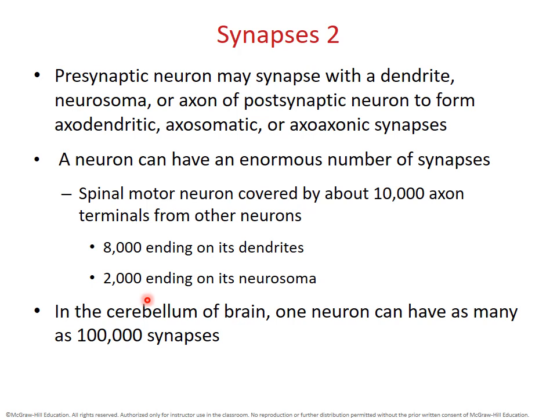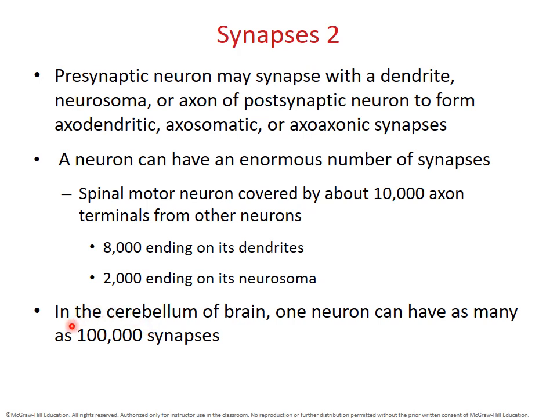axon. And don't forget that the neurosoma, the cell body of a neuron, can also be receptive and be involved in synapses. And so in some cases, in the most extreme cases, you have some neurons, say in the cerebellum, for instance, that can have as many as 100,000 synapses per individual cell.